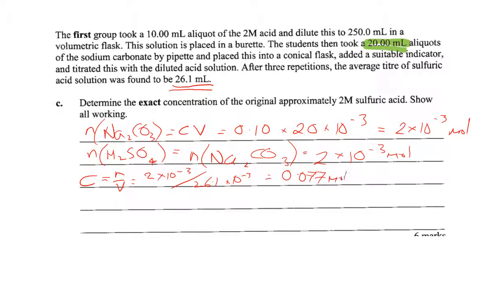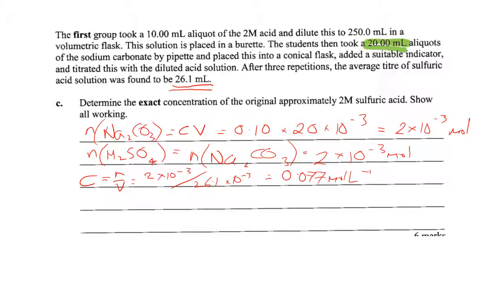moles per litre. Then we've got to think about, now this was in our diluted solution, but this had been diluted down by a factor of 25. Now, I don't really care, and no one cares, in fact, how you do the next step.